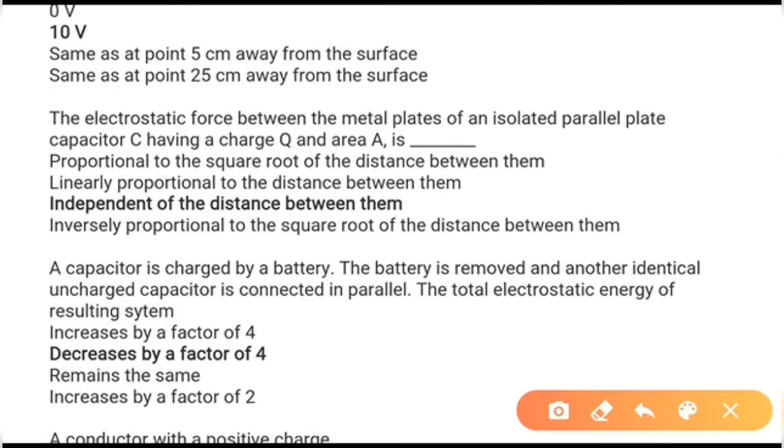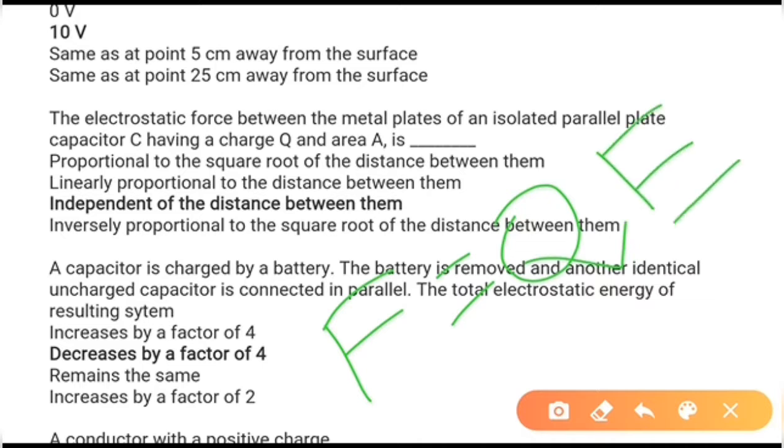Next one, the electrostatic force between the metal plates of an isolated parallel plate capacitor C having the charge Q and area A. So 4 options are given. Looking at the 4 options, all are based on the distance between the two plates. But the electrostatic force formula, already discussed in the earlier questions, is F equal to QE, depending only on the charge on the plates and the electric field applied.